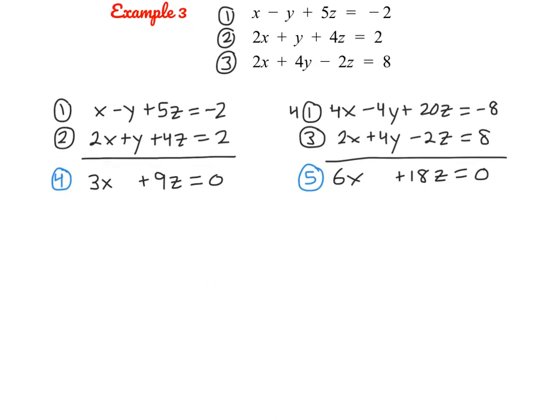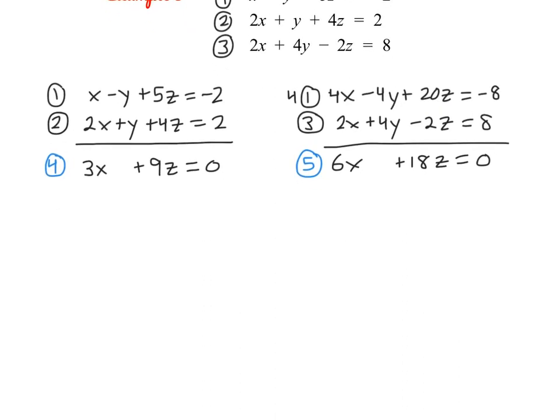Okay, so now we have a system of 2. So let's see if we can eliminate maybe our x's. So we can see that I would need to multiply this equation 4 by -2. And that leaves us with -6x minus 18z equals 0, and then 6x plus 18z equals 0.